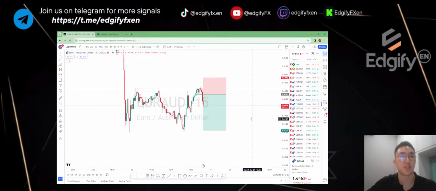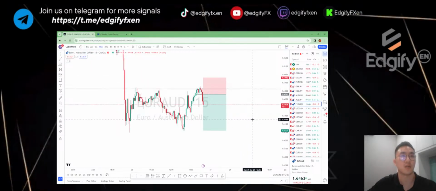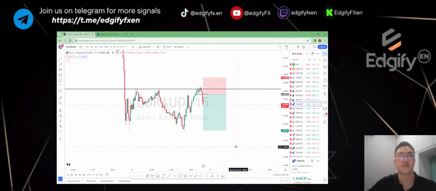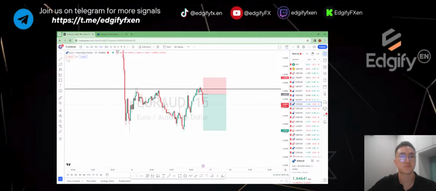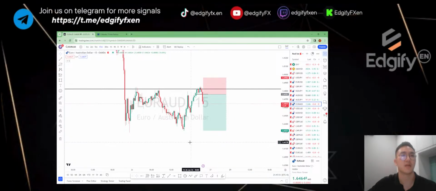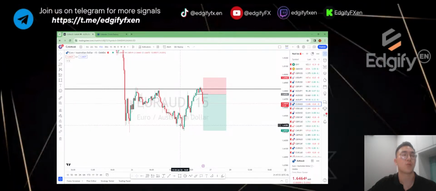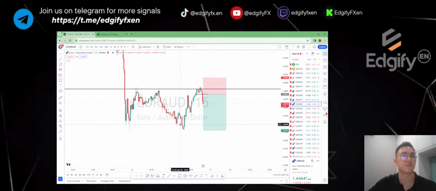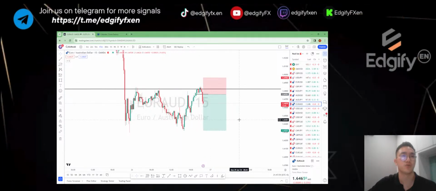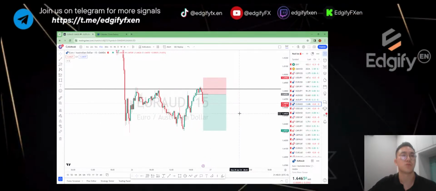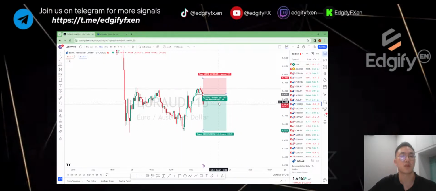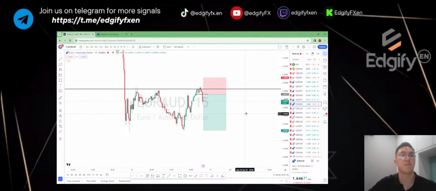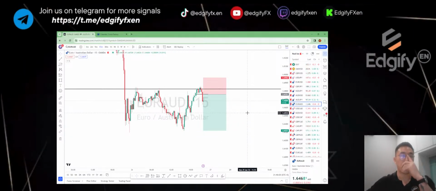So for this trade I would suggest to risk less because it's a Friday and it's already quite late in the day, right? So I wouldn't risk as much. I would risk much less compared to my usual risk, right? So a 20 pip stop loss, almost the same as GBP CHF just now.